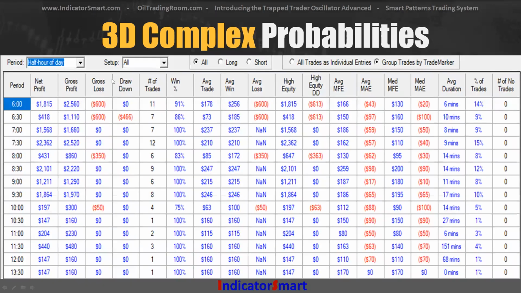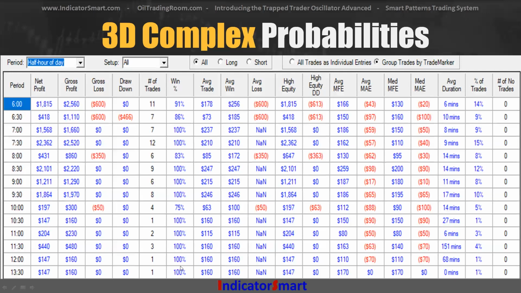And then Trade Markers is also capable of breaking it down into different time segments. So I could ask the question, where does this thing perform the worst? 83% around 8 o'clock, 75% at 10 o'clock. Market often gets kind of quiet in there.